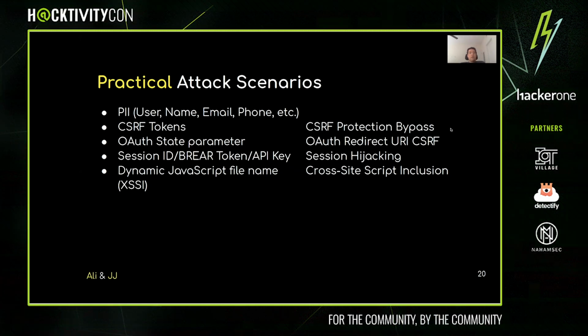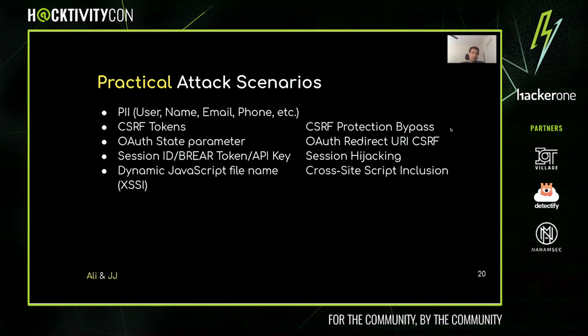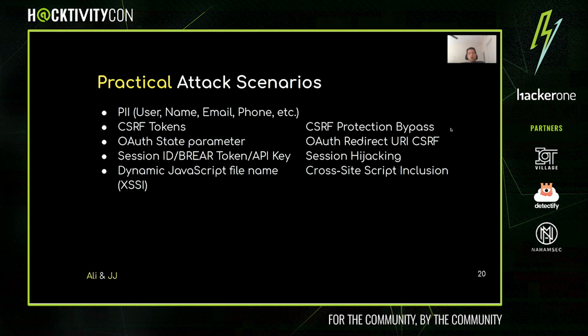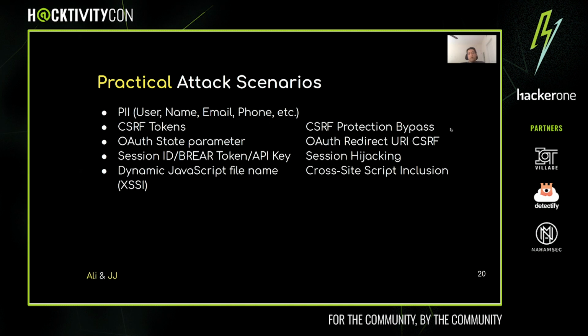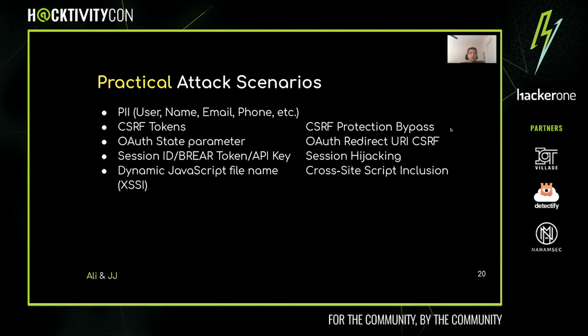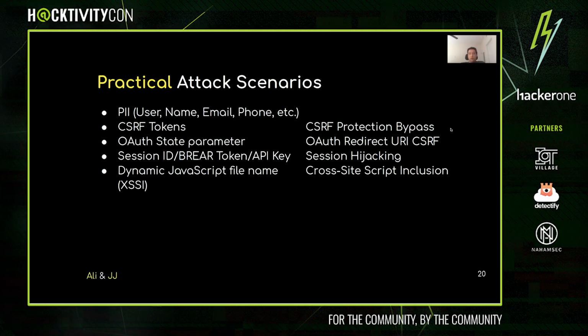Consequently, we were at times able to bypass the CSRF protection, which is based only on the CSRF token without the presence of, for example, a same-site cookie or referrer check. Also, we discovered another use of the CSRF token as a state parameter in the OAuth protocol, which gave us the capability to run an OAuth redirection URL CSRF, consequently linking an attacker's account to the victim's.